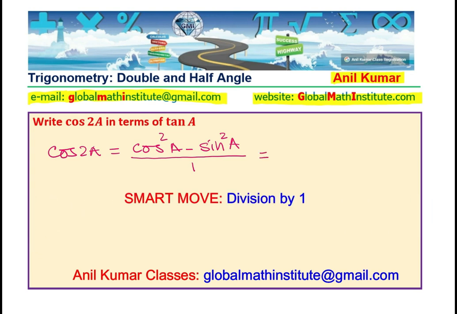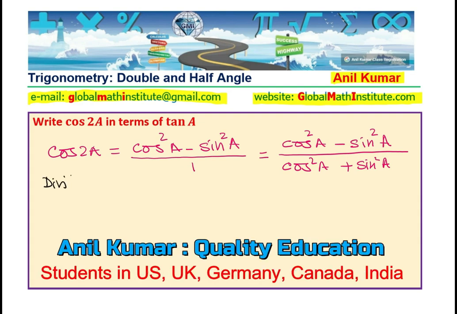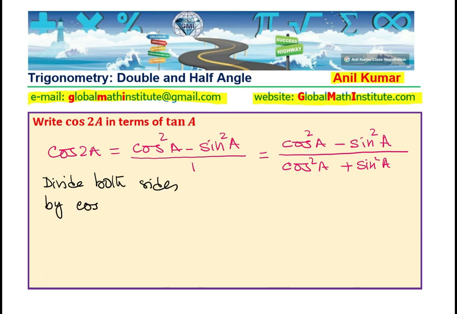So here, what we are going to do is we'll rewrite this as cos square a minus sine square a divided by 1 is what? Well, cos square a plus sine square a. And now what we can do is divide both sides by cos square a.